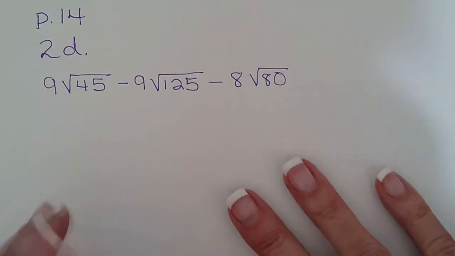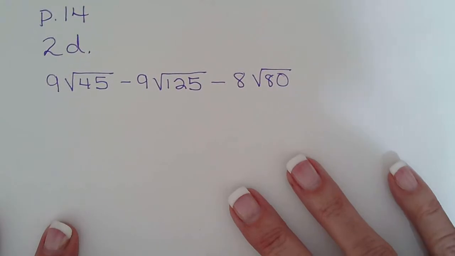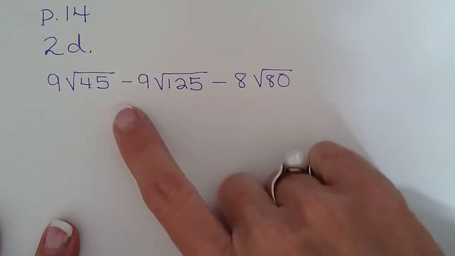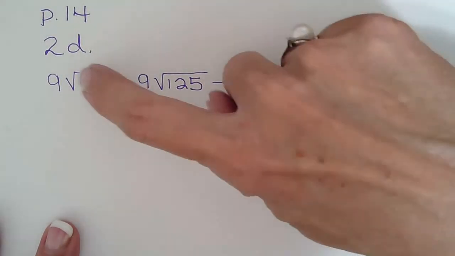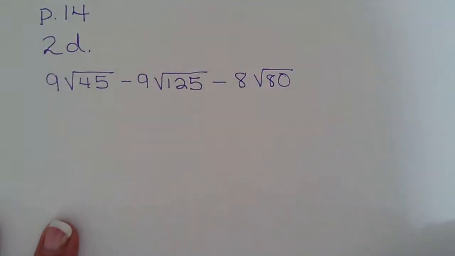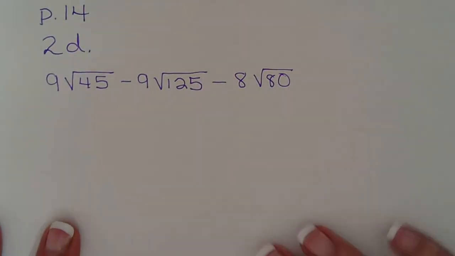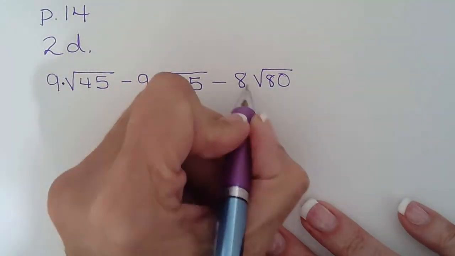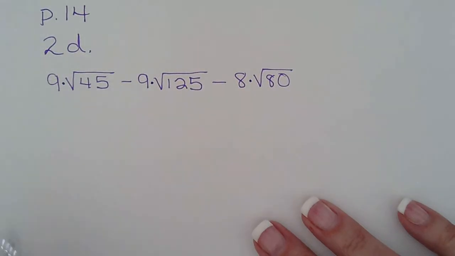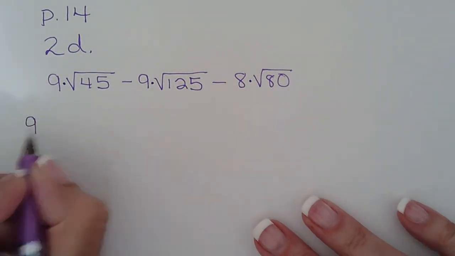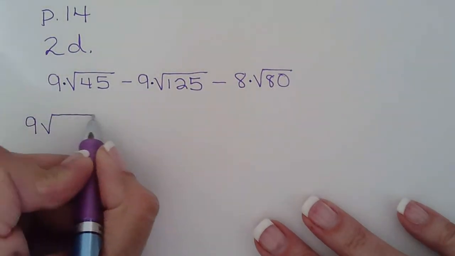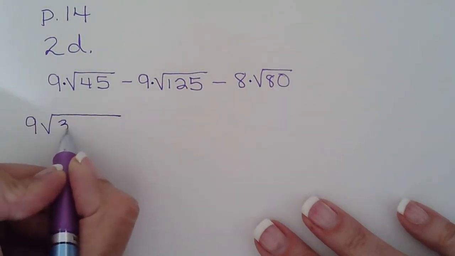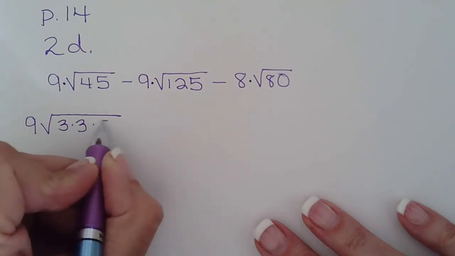So there is one on the test that is all numbers, no variables. So all you have to do is do 3 trees, circle your pairs because it is square root. And then remember that you're multiplying whatever comes out by these coefficients in front. So we have 45, which is 9 and 5. 9 is 2 3s and a 5.